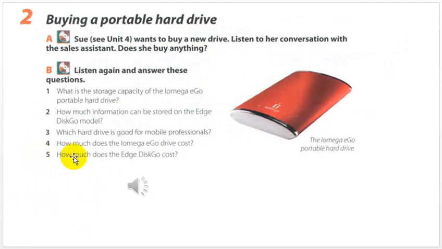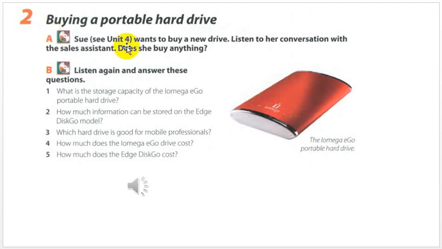Okay, here in this slide we have a listening, and this is now task number 2, buying a portable hard drive. Listen to her conversation with the sales assistant. Does she buy anything?